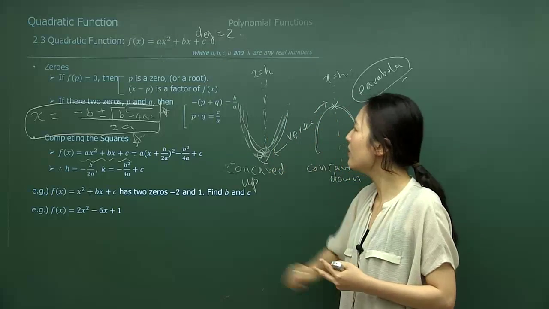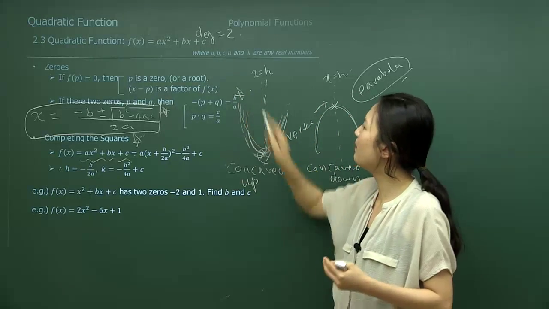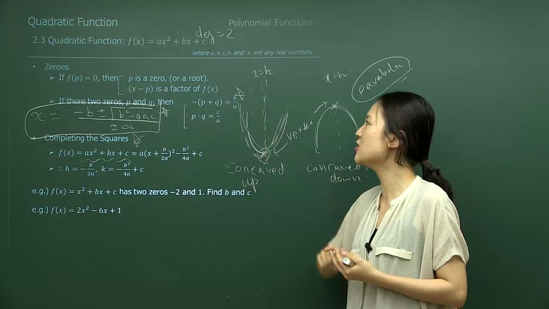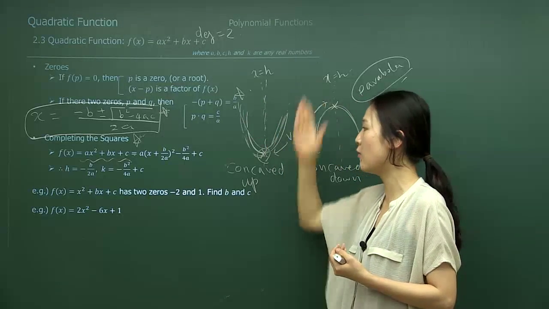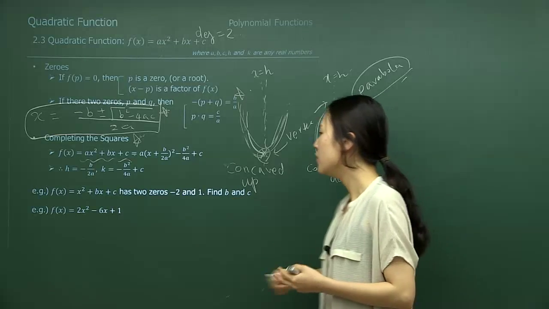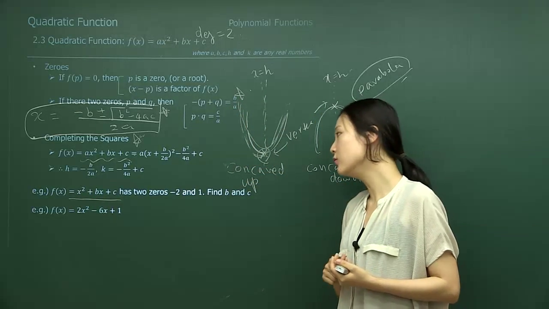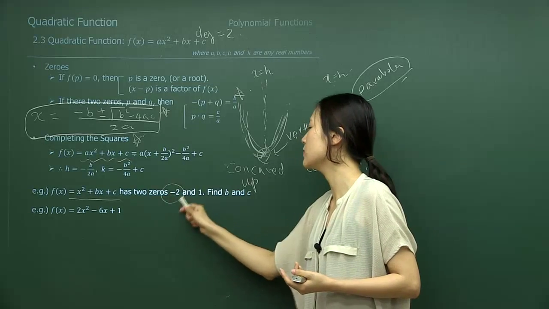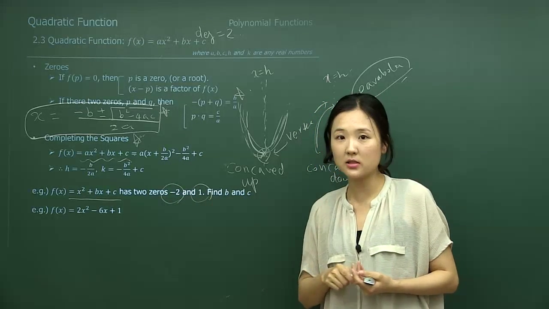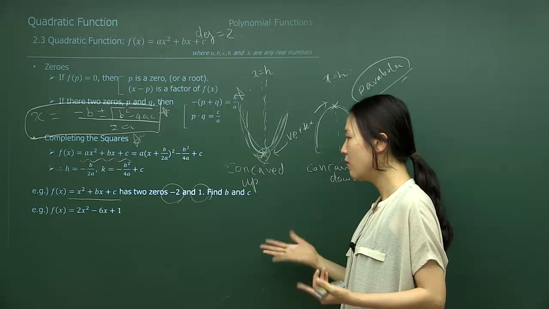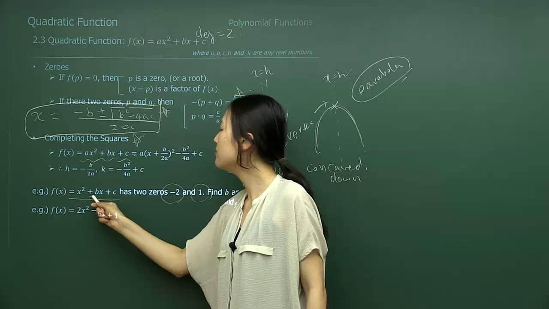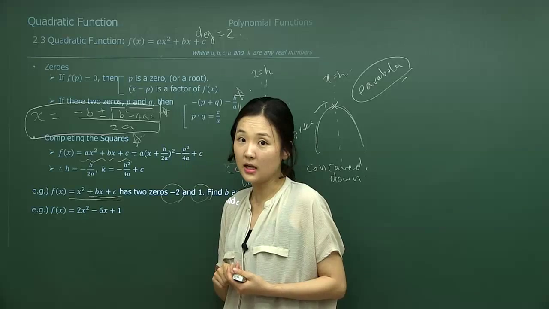An example about the first part of the note, the relationship between the zeros and the equation. If you are given a quadratic equation and you know that there are two zeros, -2 and +1, then what will be the missing values of the equation, B and C?